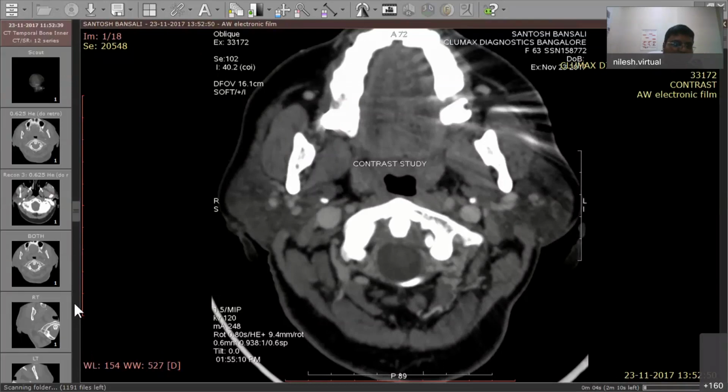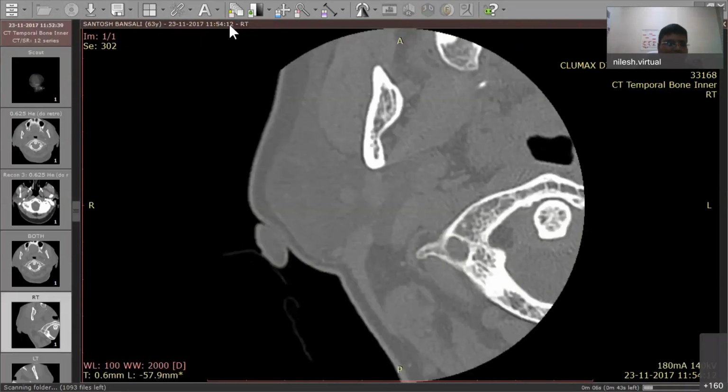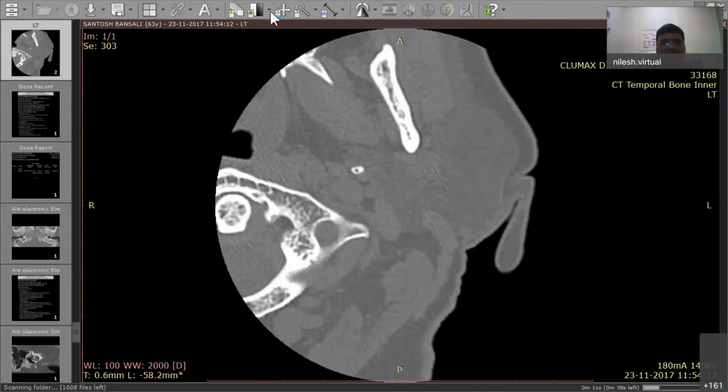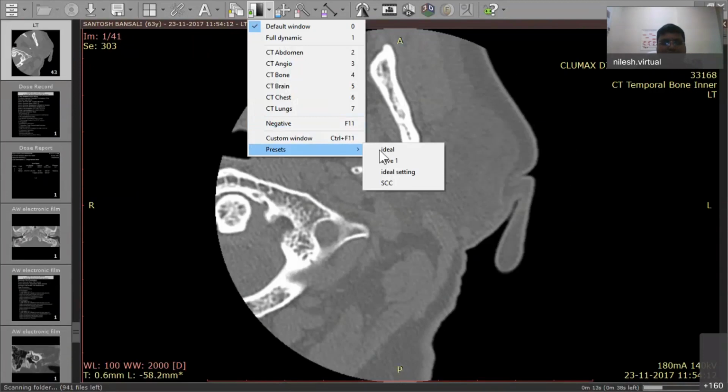So we'll see first the normal scan, left side. So we'll see where is the soft tissue extension.